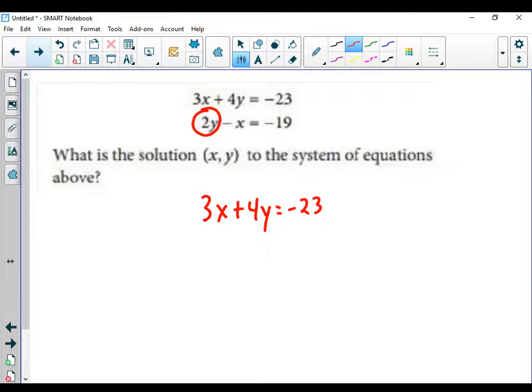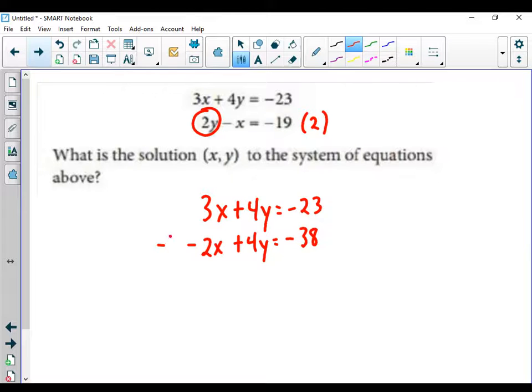So I'm going to multiply by 2, and also rearrange. I'm going to put the x first. So it was negative x, multiplied by 2, I get negative 2x. It was 2y, multiplying by 2, so I've got 4y. It was negative 19, multiplied by 2, I've got negative 38. Now I've got the 4y's that match.